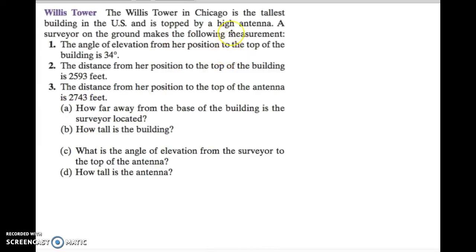And so then, the Willis Tower in Chicago is the tallest building in the U.S. and is topped by an antenna. A surveyor on the ground makes the following measurements. The angle of elevation to the top of the building is 34 degrees. So we have a person, and that person is looking up to the top of a building.